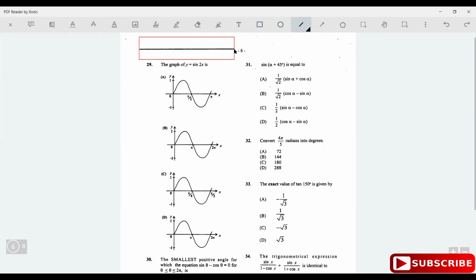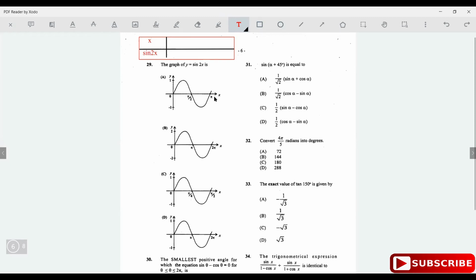It's easier when you have a table with your domain. So you can have your X and your Y. Up here we have our X values, and down here we have our corresponding Y values, which is y equals sine 2x.